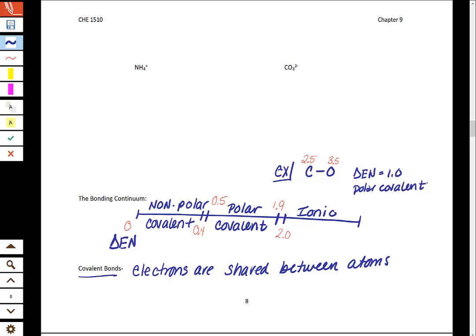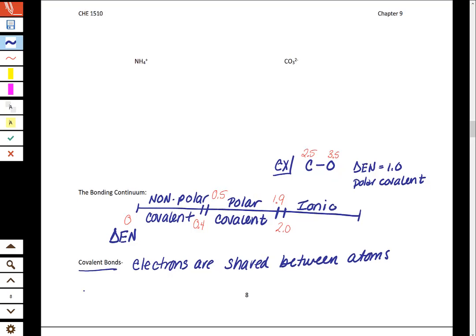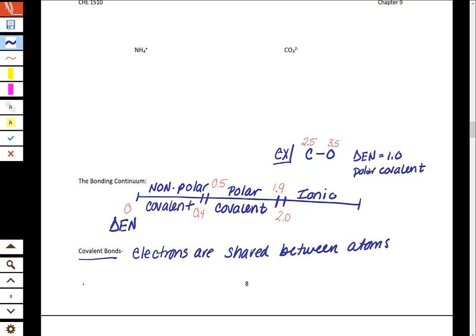So let's talk about what it means to be polar covalent. If a bond is polar covalent, it means that the electrons in the bond are being shared unequally. In this bond, the oxygen has the higher electronegativity value. Electronegativity is a measure of how badly the atom wants the electrons in the bond. And so the oxygen will pull the electrons toward itself, leaving a little bit of a positive charge on the carbon.